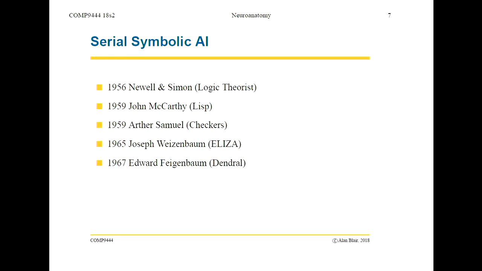For a long time, Lisp was used as the main artificial intelligence language. In the late 50s, '59, Arthur Samuel also wrote this very impressive checkers program for its day. So that was the early work in game learning and also included some reinforcement learning.